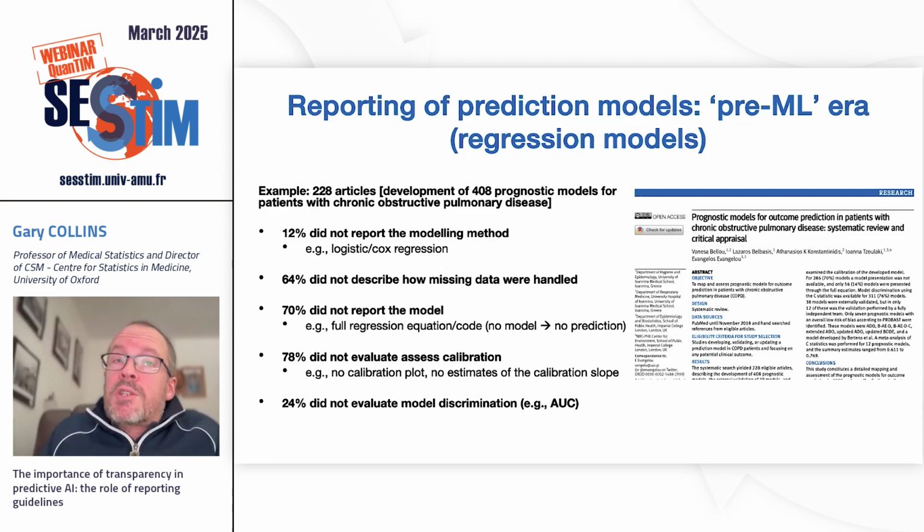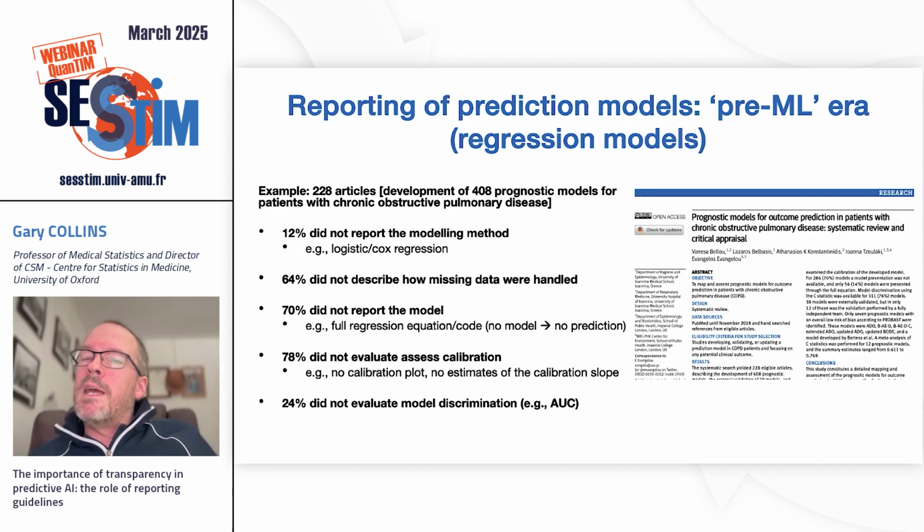The output of a prediction model study is the prediction model. That's the bottom line. What is the model? How can I use that model in a different data set? How can I test it in a different data set? As a clinician, how can I use that model in my patients? And quite often, and this is quite shockingly high, 70% of the studies didn't report the full equation. So they may have missed off the intercept. They may have missed off the baseline survival at a time point or two.